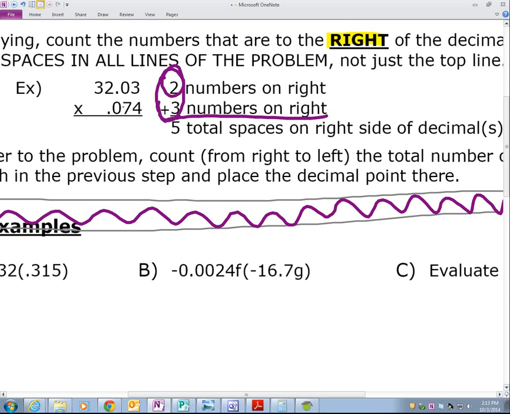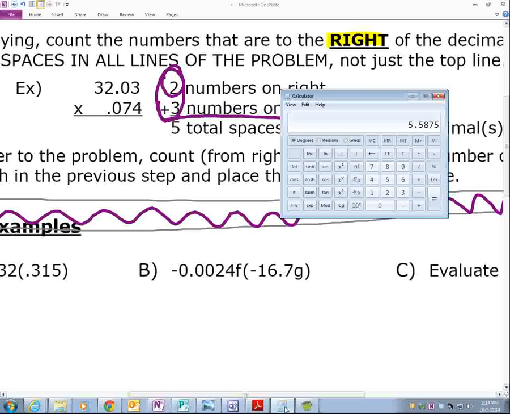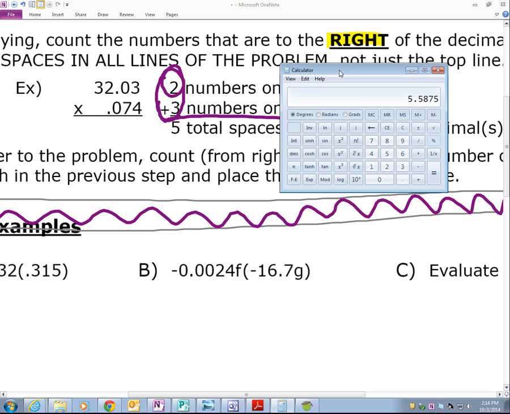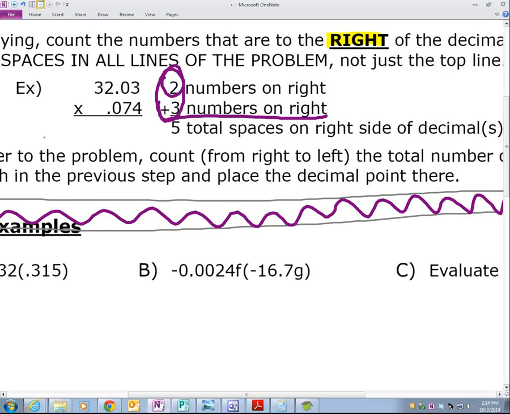So for time reasons, this is what I'm going to do. Normally we don't use a calculator first, and we won't later, but I'm just going to show you this right now. So we have 3203, because we're not worrying about parentheses, times 74, because we're not worrying about parentheses. We have 237,022. Wait for it. Now we are going to take those 5 decimal places and count back from the right.